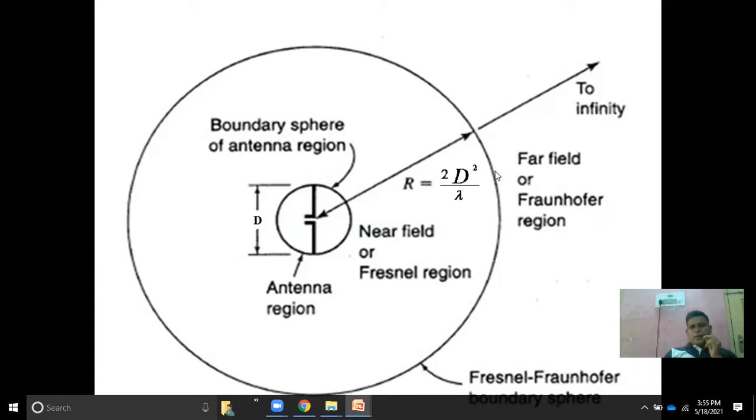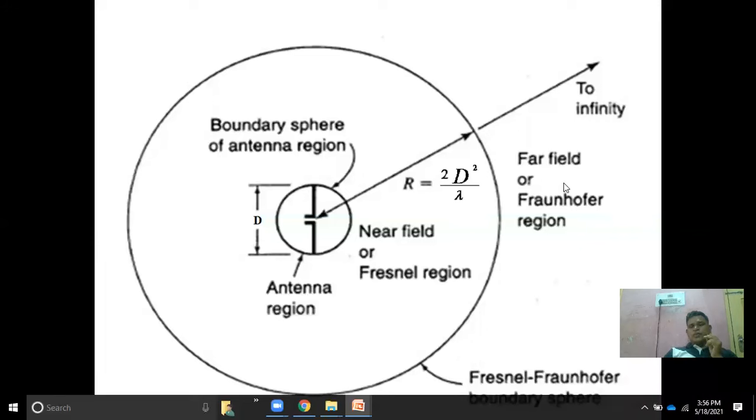The region where the radius of the sphere is greater than 2D squared by lambda is called the far field or Fraunhofer region. You have to remember these two terms. Near field is also called Fresnel field, and far field is also called Fraunhofer region or Fraunhofer zone. We are interested in this far field region.